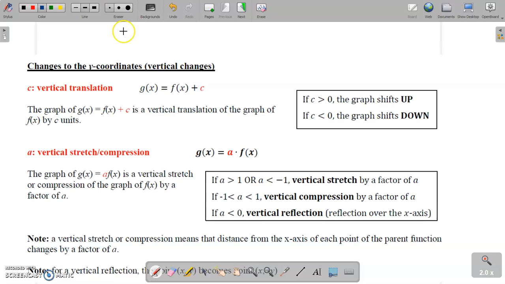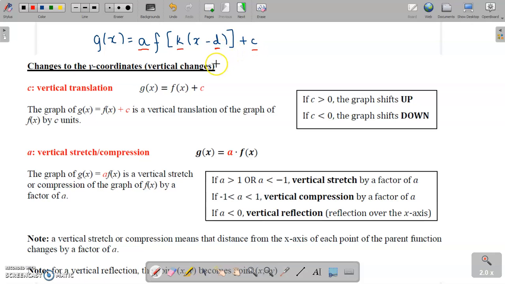Let's say we call it g of x, and we would say g of x is equal to a times f of k times x minus d, plus c.